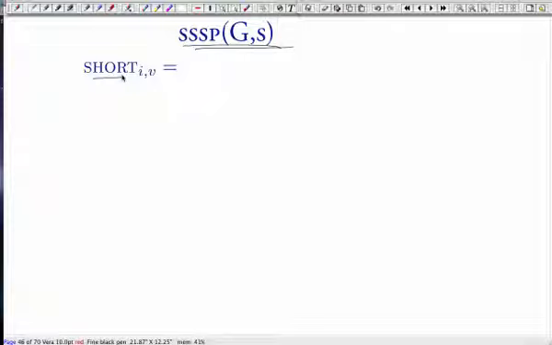The trick to all of these shortest path types of algorithms is identifying the right variable.